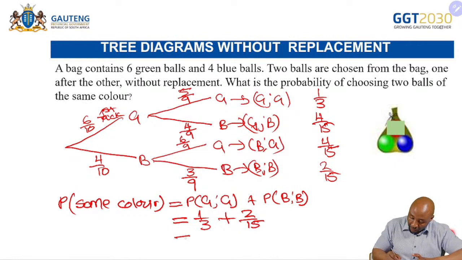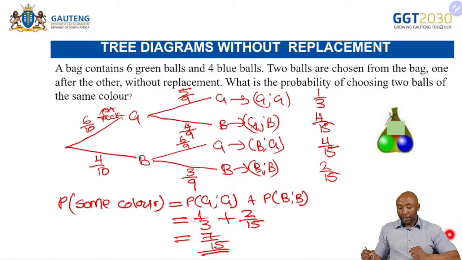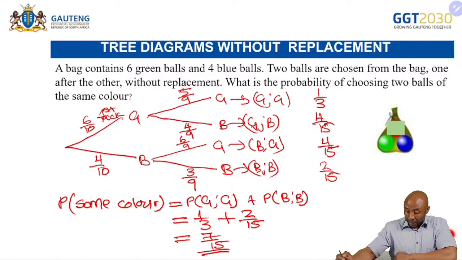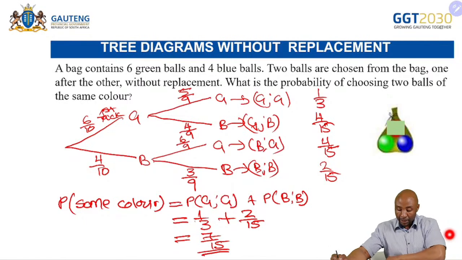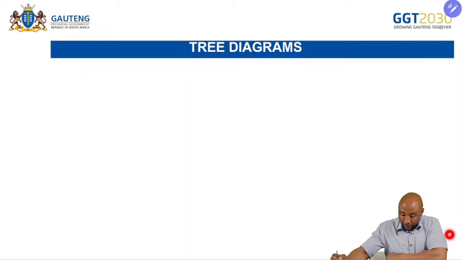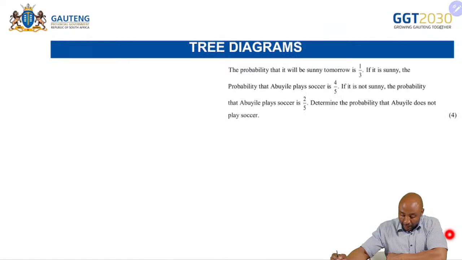That should give us 5/15 plus 2/15. It should give us 7/15. You are using your calculators, it's allowed. You are able to get your solution like that. So please, that's how the tree diagrams work. Let's move on now to the next part quickly. We have done tree diagrams, we are done.